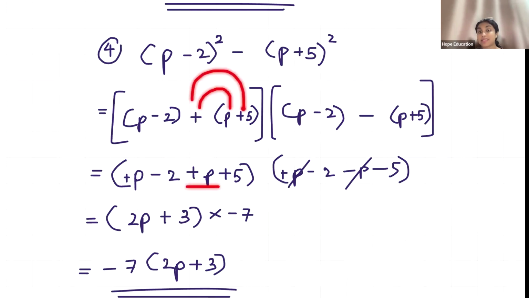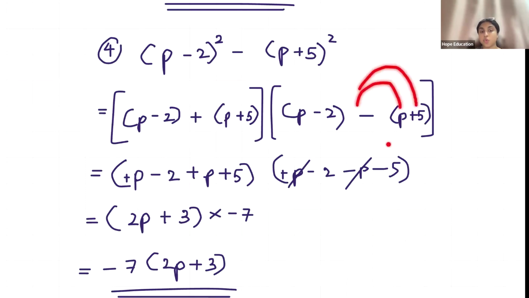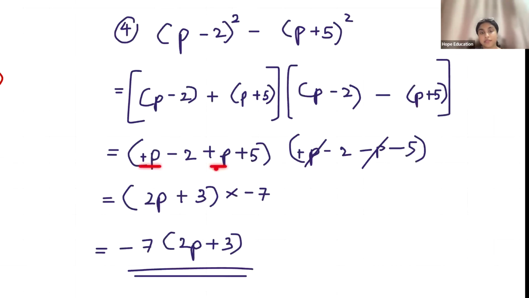Then minus times plus is minus, so minus P. Minus times plus is minus, so minus 5. Then here plus P and plus P means plus 2P. Then minus 2 plus 5. When you simplify minus 2 plus 5, you get plus 3, no? Did you understand that, Samidu?